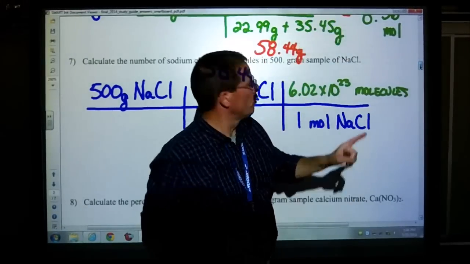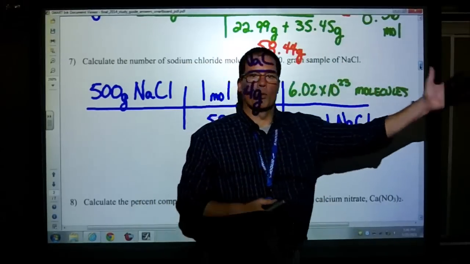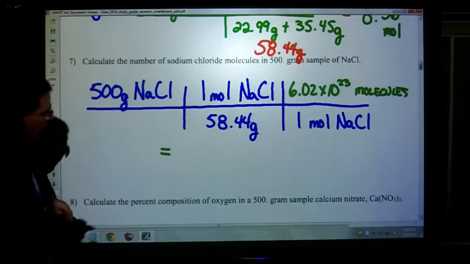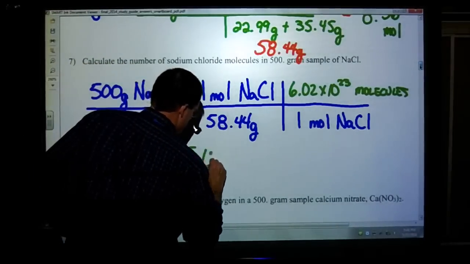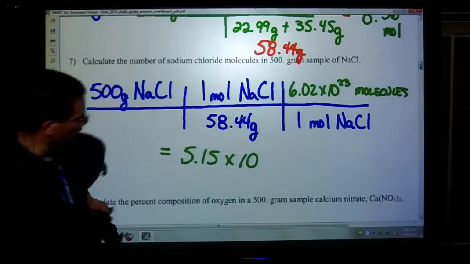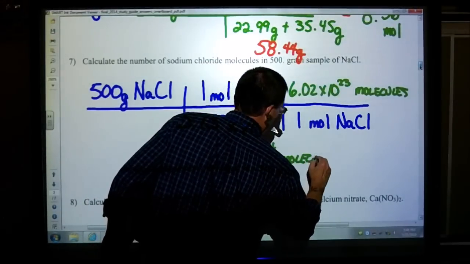Well, in 1 molecule of sodium chloride, there happen to be 2, 1 sodium, 1 chlorine, and then you'd multiply that all out. So let's get a value for this. So 5.15 times 10 to the positive 24, and again, that's molecules.